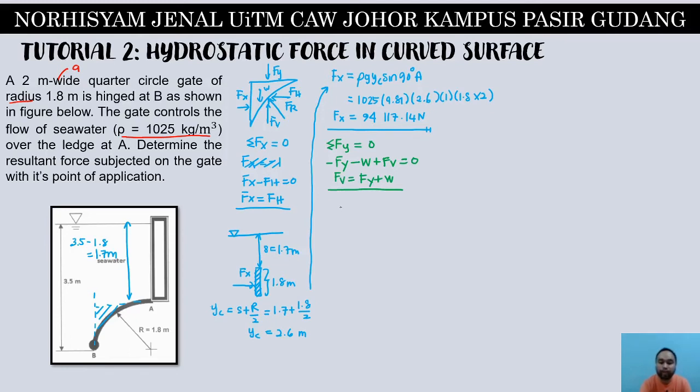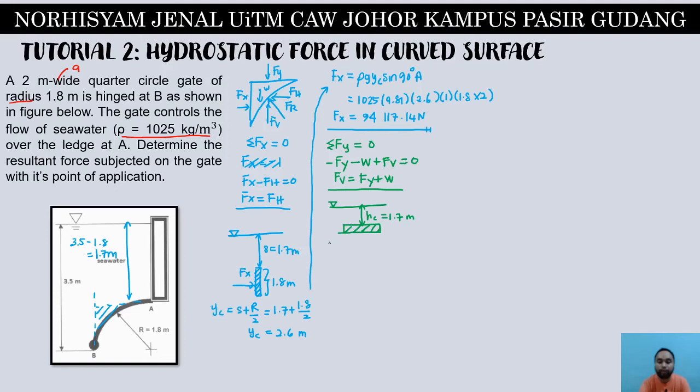To find out Fy, we do the horizontal plate calculation. This is hc, which is equal to 1.7 meter also, because the plate is at the top and to the surface. So this is the horizontal plate representation. hc over here is equal to 1.7 meter because the distance is from the top part of the volume to the surface.